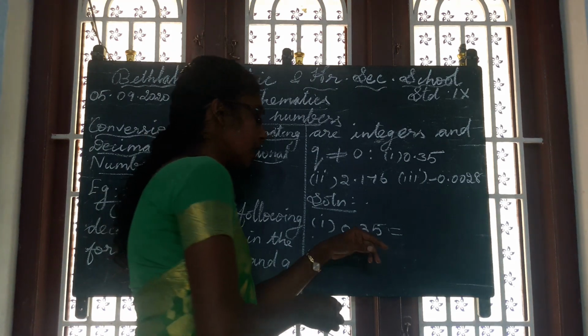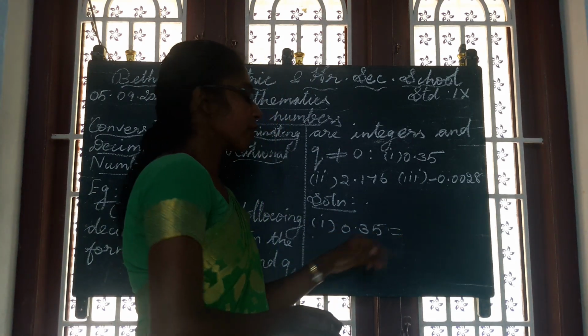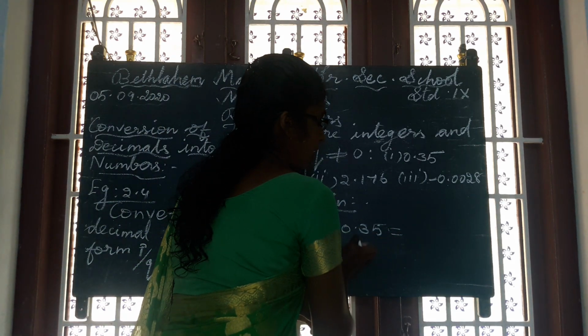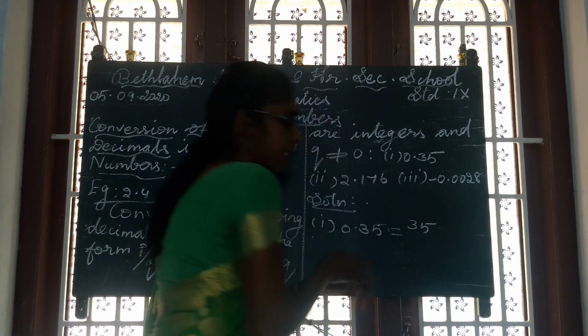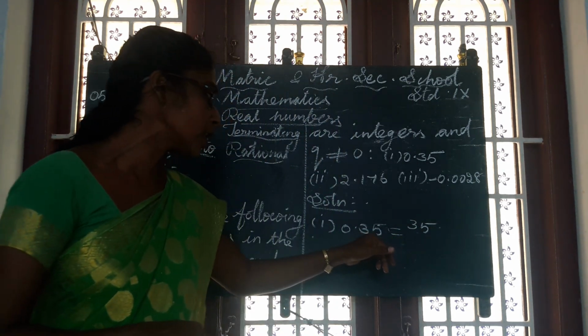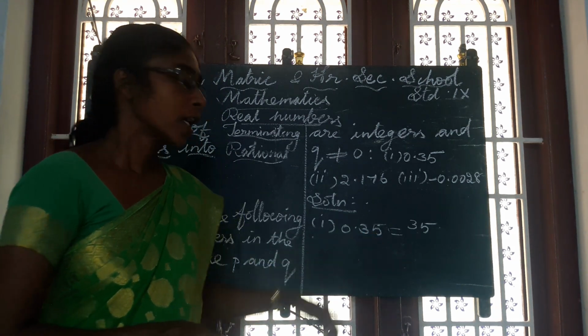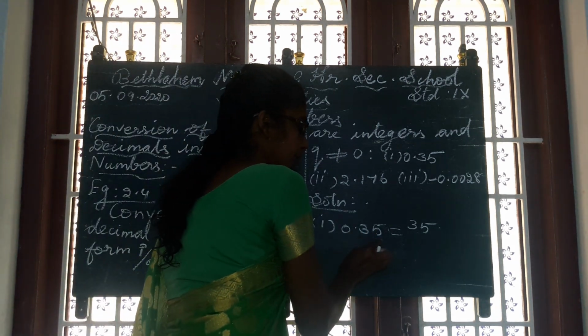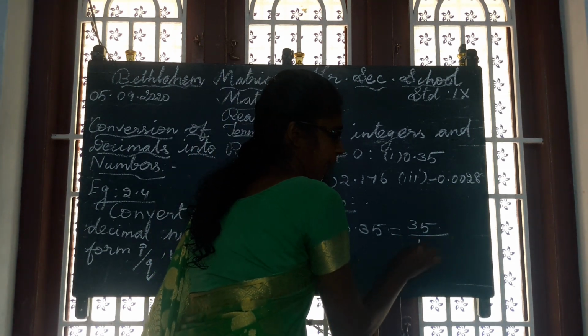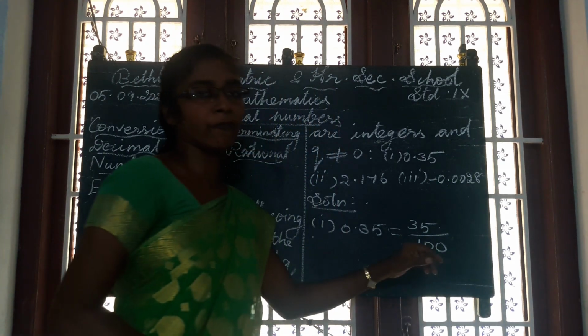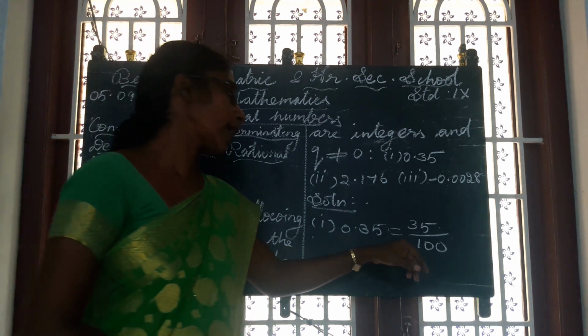Now 0.35. First, you have to write this 35 as an integer, without the decimal point. Here tenth and hundredth digits are there, so you have to divide it by 100. 35 divided by 100.